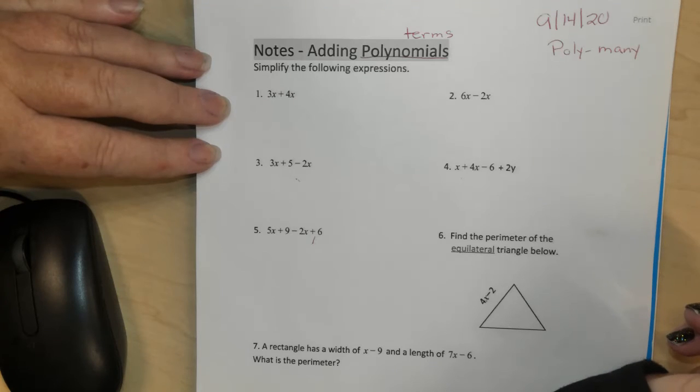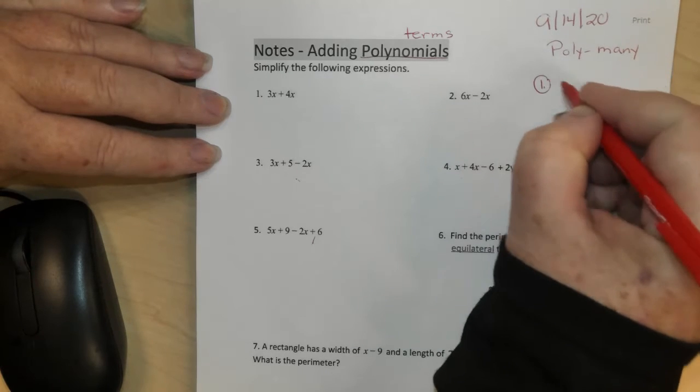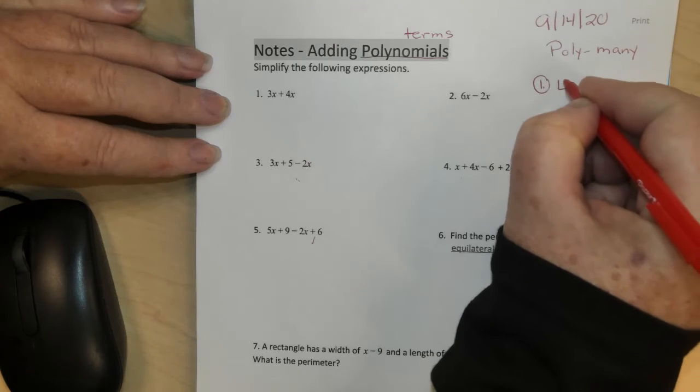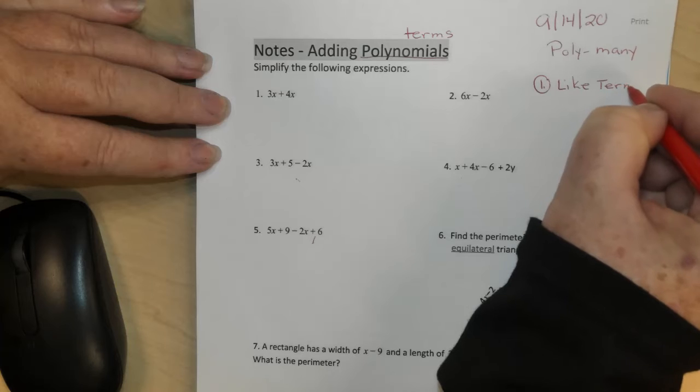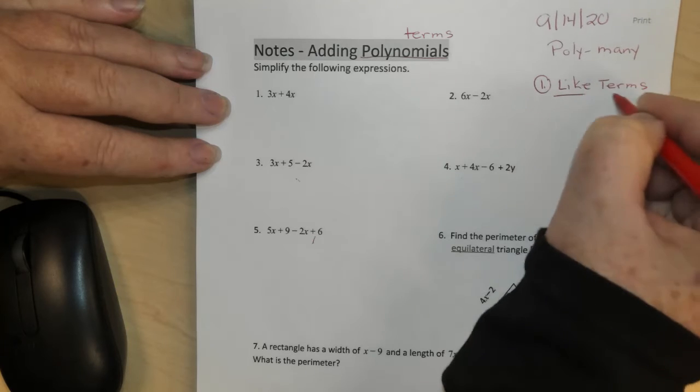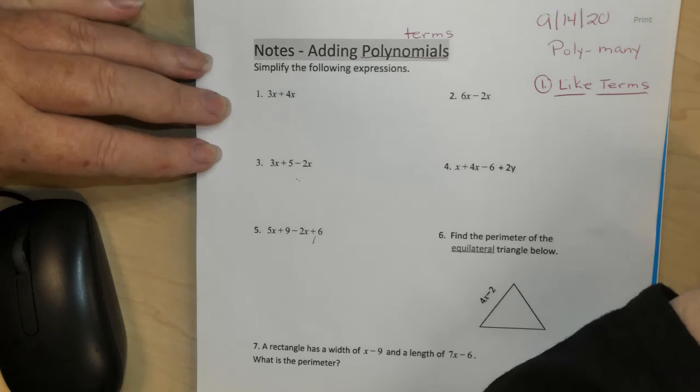Okay, so what is our first step to adding polynomials? We need to find our like terms. Which of the terms are alike?